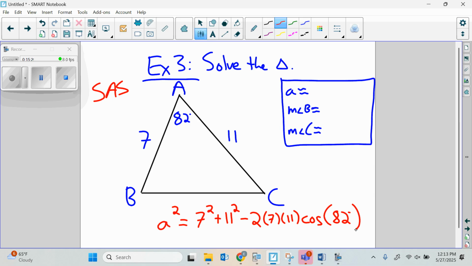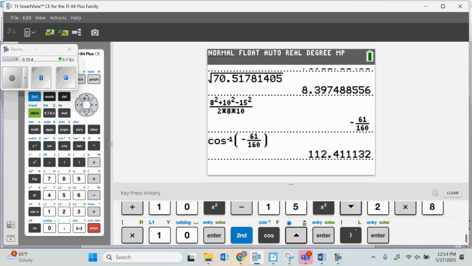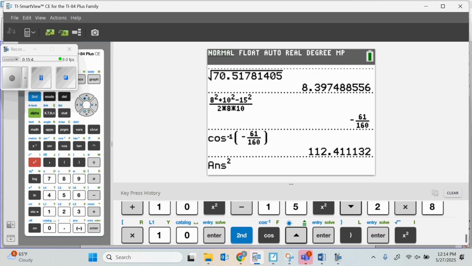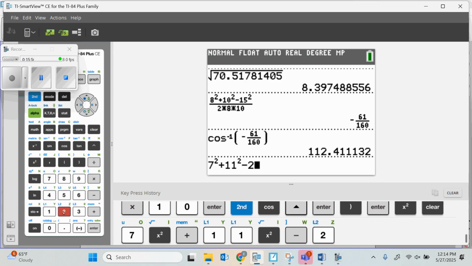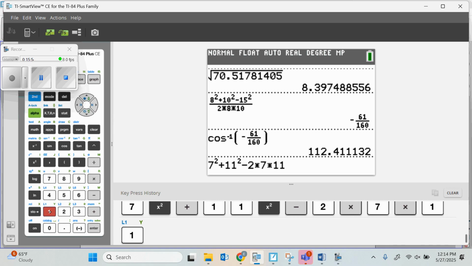I'm going to type it into my calculator, and then I'm going to remind myself to do the square root, right? What initially pops up will be A squared, but I want A. So I'll go to my calculator, and I'll do 7 squared plus 11 squared minus 2 times 7 times 11 cos 82.